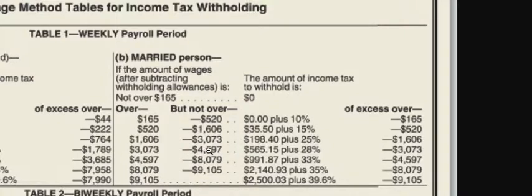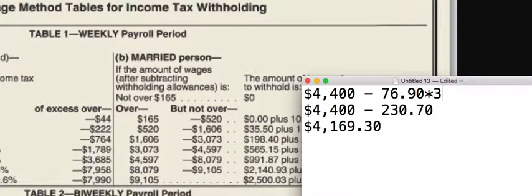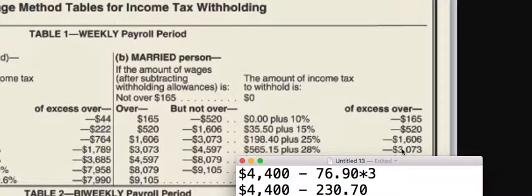Once you find out where your number lands in the table, then you look to the right and it'll tell you how much you have to charge in federal income tax. In this case, it's $565.15 plus an additional 28% of the excess over $3,073.